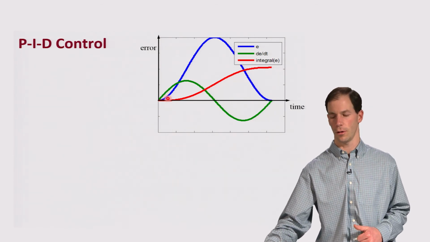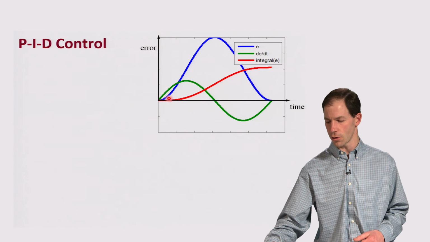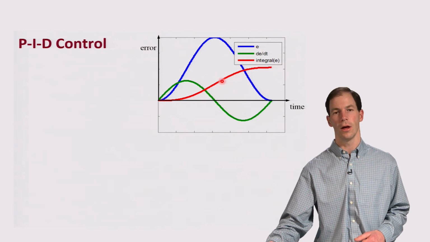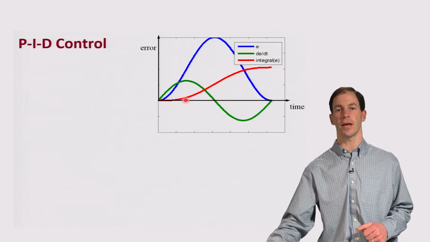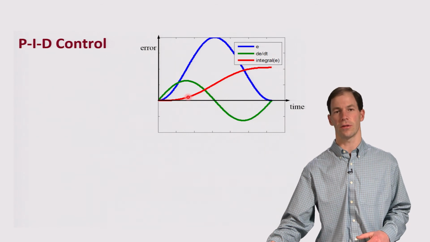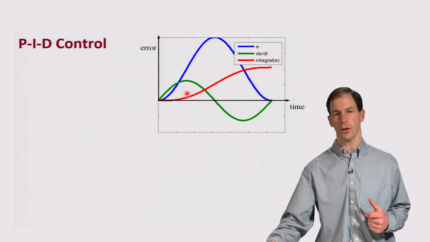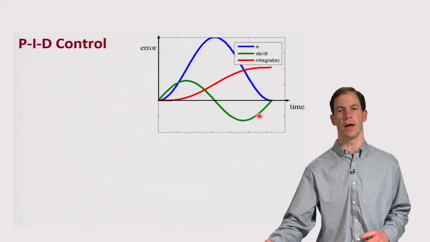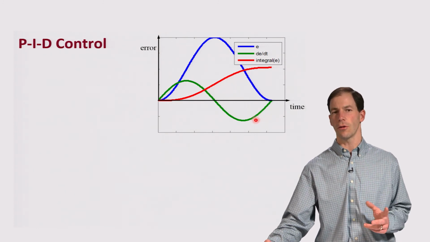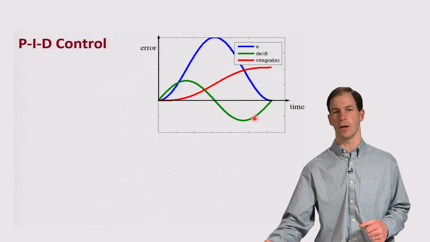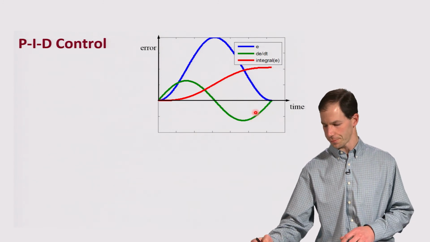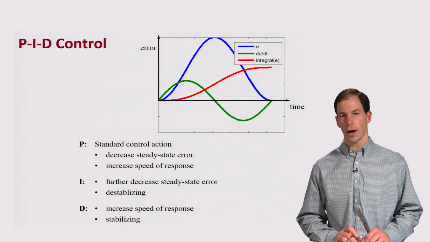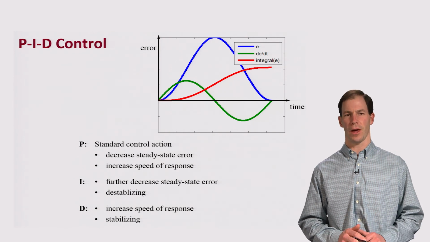We call that proportional. Or I could take the integral of it, which is the red line here, and apply a gain to that and feed that in as the control input. Or I could take the derivative of the error, this green plot right here, and feed that in as input. So either one of those, or combinations of those three, are what I'm going to use as control inputs. Now, how do we mix and match these?